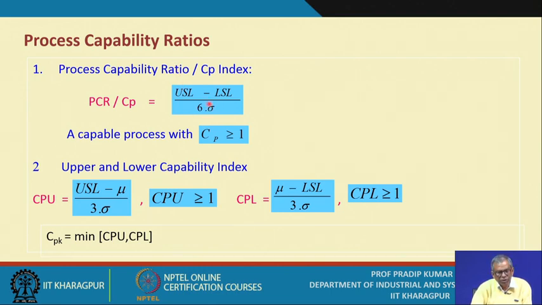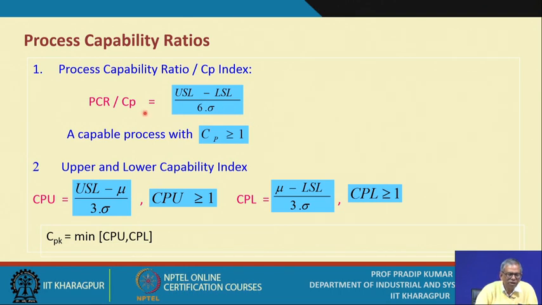So, in the denominator when you write 6 into sigma, we are assuming that the distribution of x is normal and UNTL is placed at plus 3 sigma from the mean, and similarly LNTL is placed at minus 3 sigma from the mean. So, this is nothing but the actual spread. That means it is the allowed spread versus the actual spread.